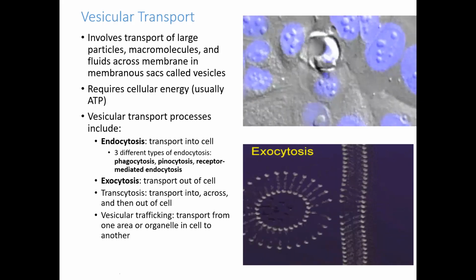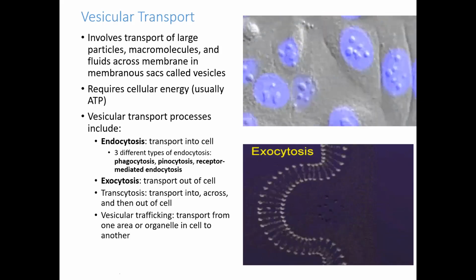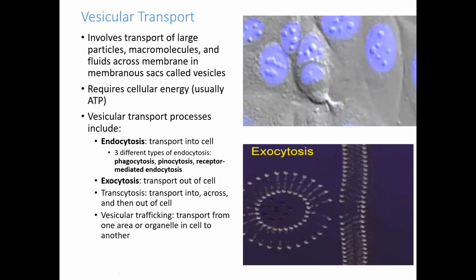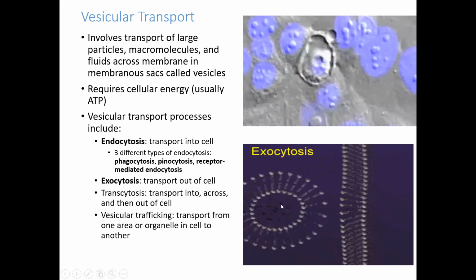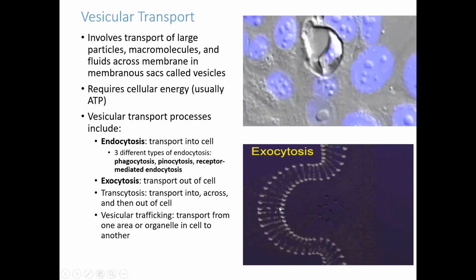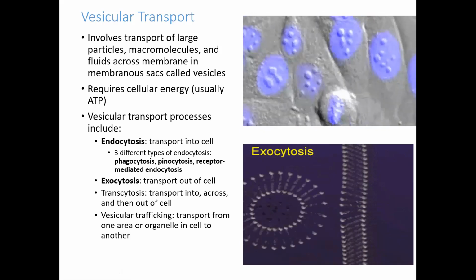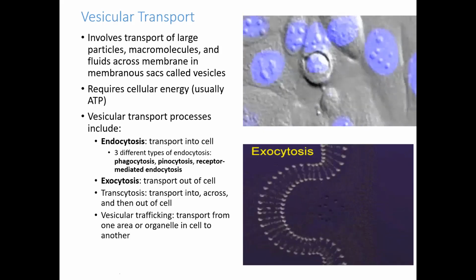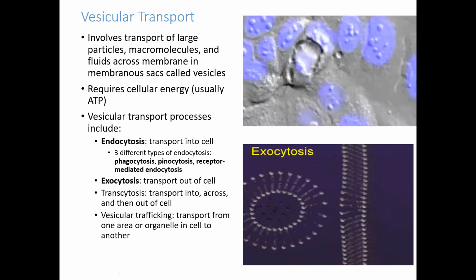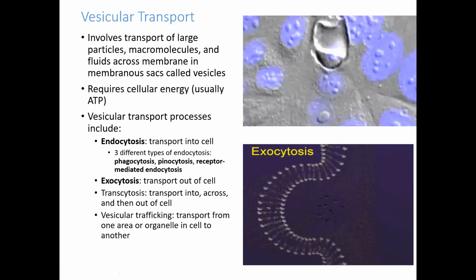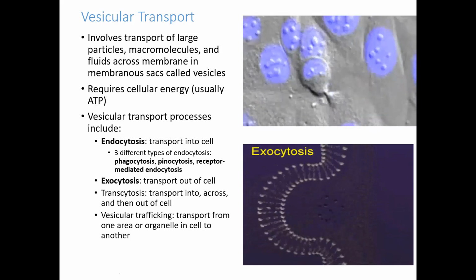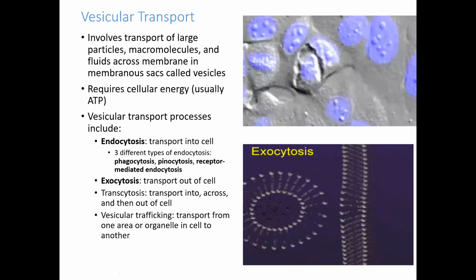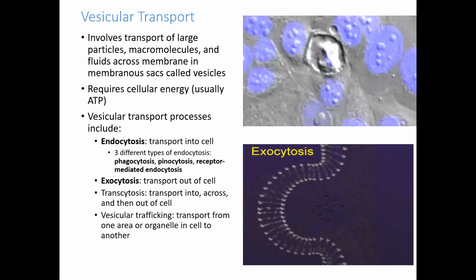Exocytosis is how we move stuff out of a cell. We form a vesicle, like we see down here. Here comes the bubble. It fuses with the membrane. It forms part of the cell membrane and opens its contents to the outside. We never lose the integrity of the cell membrane.